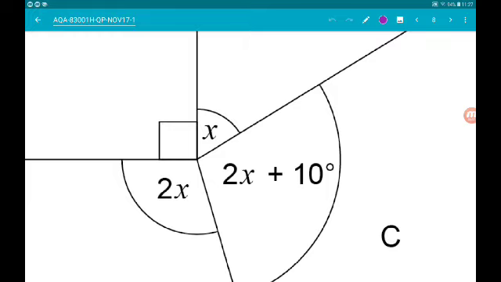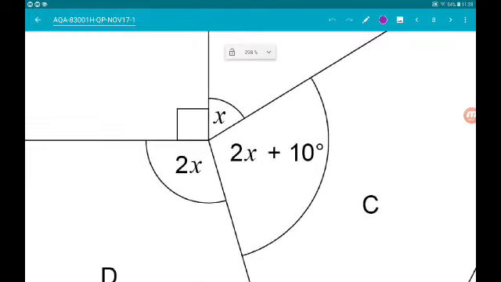What we need to know is the angle for C. So, what do we know? We know angles around a point add up to 360. So we're going to use that.